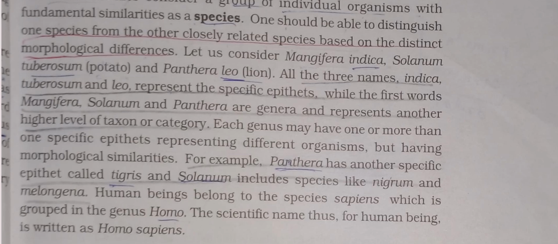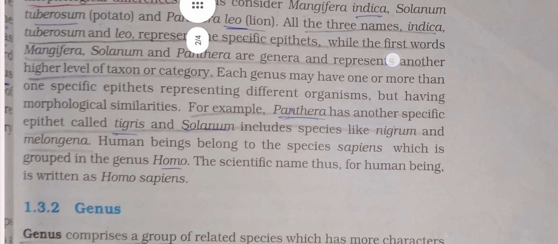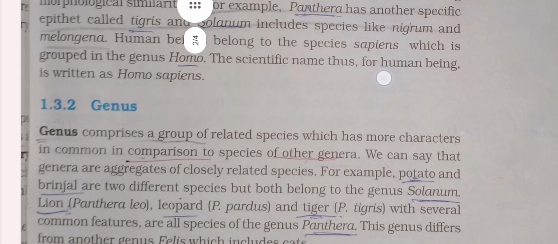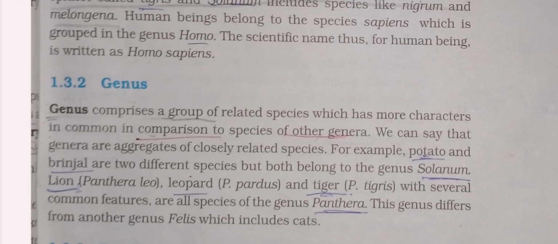The human scientific name is Homo sapiens. Homo is the genus and sapiens is the species. Understand species, and I also discussed genus, just line by line while explaining. Genus comprises a group of related species which has more characters in common in comparison to species of other genera.